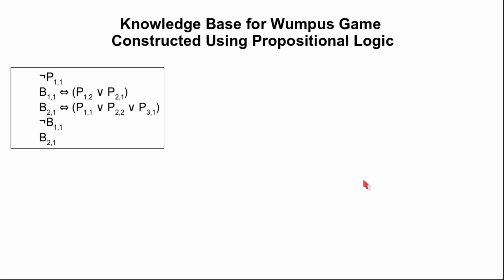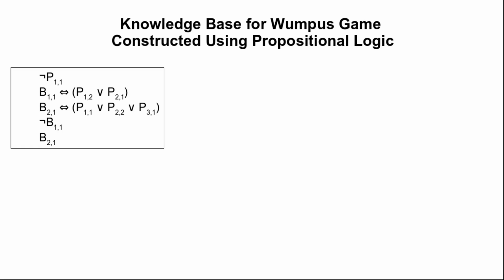In the previous class we looked at the syntax and semantics of propositional logic, and we also talked about what a knowledge base is. A knowledge base consists of sentences that represent the rules and facts.